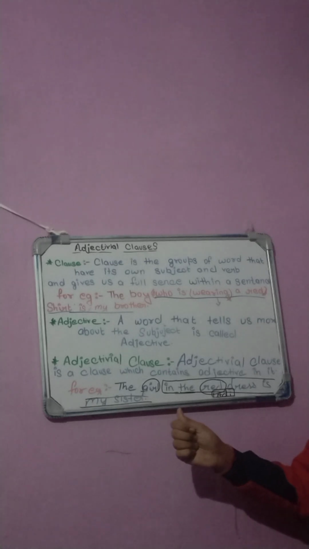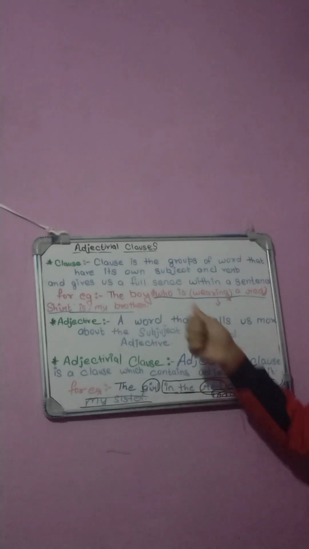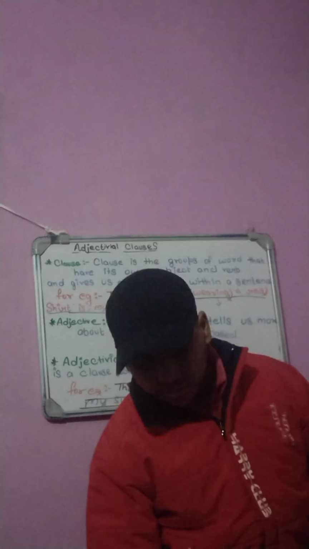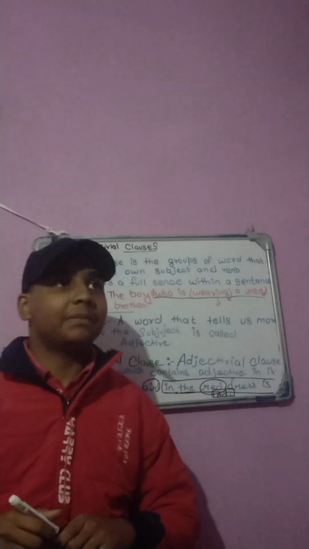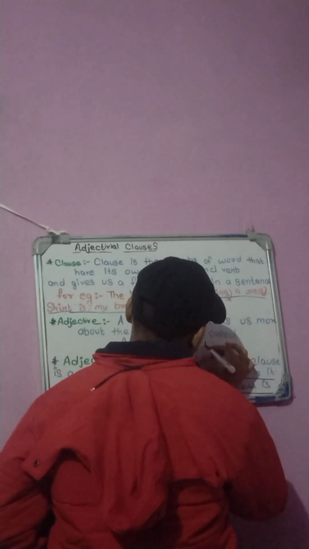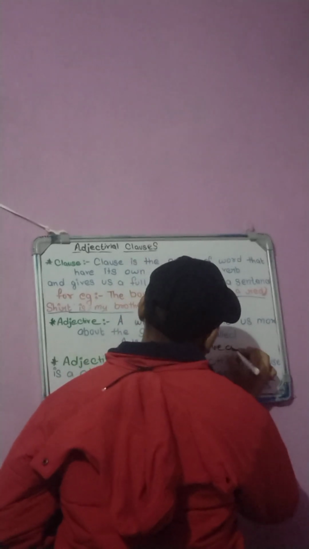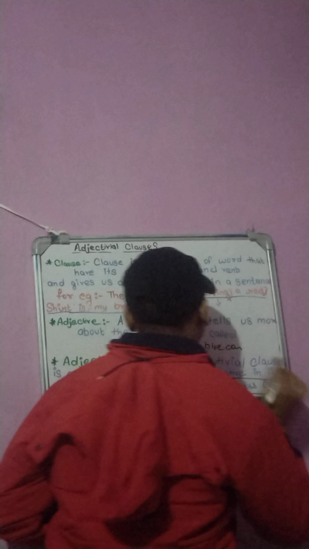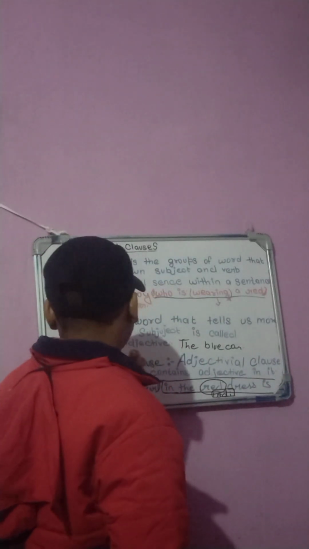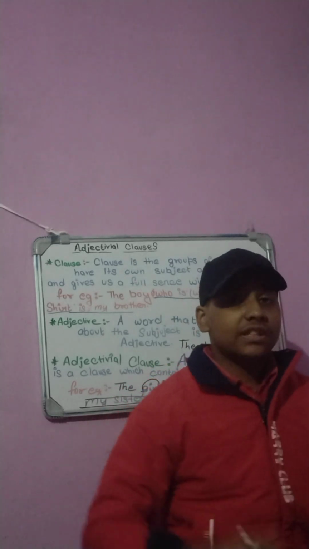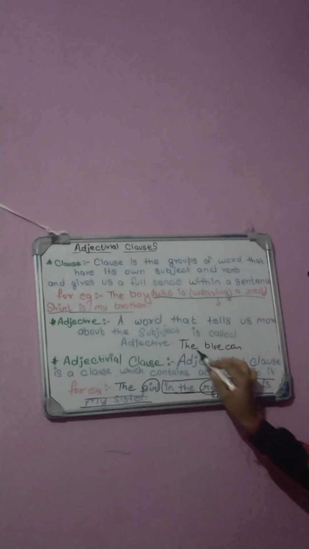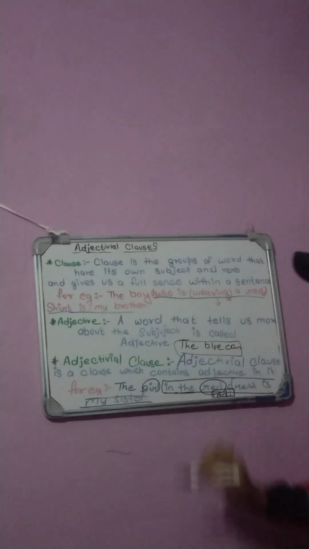For example, the boy in the red shirt. I'm writing some other examples. The blue car. This is a phrase. And one more thing, an adjective always comes before a noun in a sentence. So what is the noun over here?